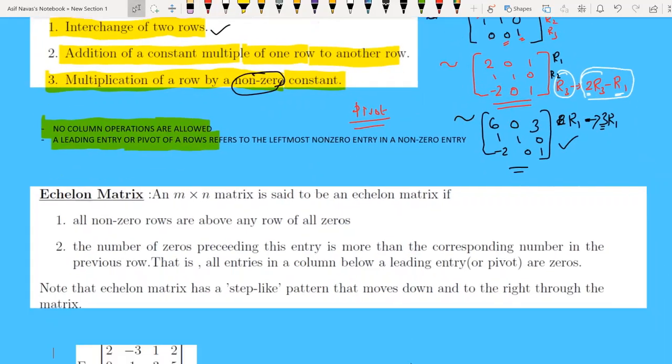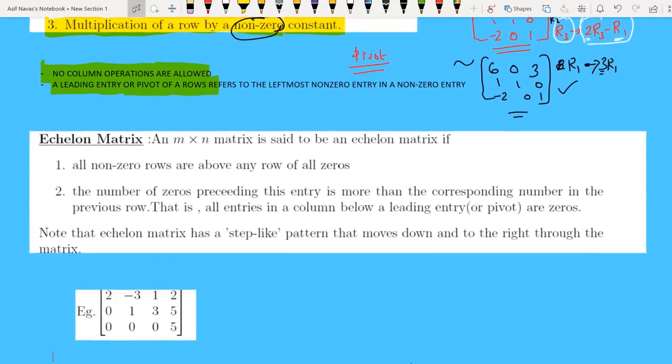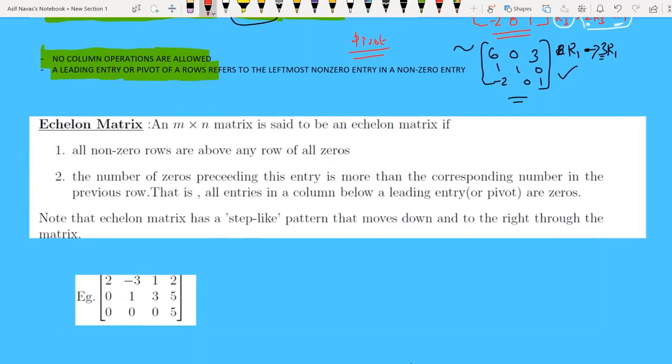Now I will define the important topic, row echelon matrix. A matrix is said to be an echelon matrix if, first, all non-zero rows are above any rows of all zeros.